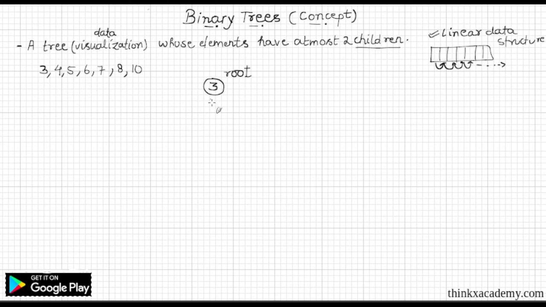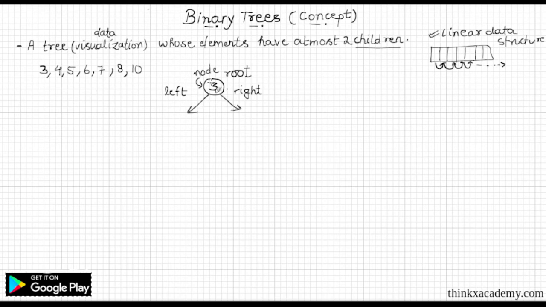The two children are linked using two pointers. So this is a simple node which has two pointers. One is the left pointer and another one is the right pointer. This makes sense because a tree has a root and then spreads out its branches.